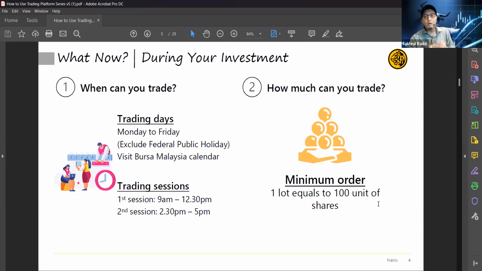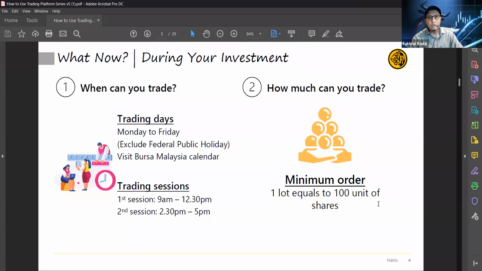For example, at 1 ringgit per share, you just need maybe 100 ringgit for one lot to buy shares, plus brokerage, stamp duty and clearing fees, which will be less than 10 to 12 ringgit, because it's only 100 ringgit, when you open a cash account.